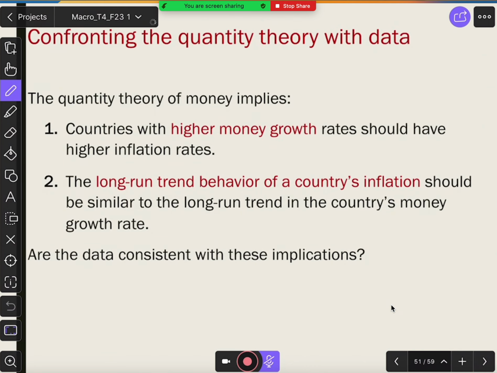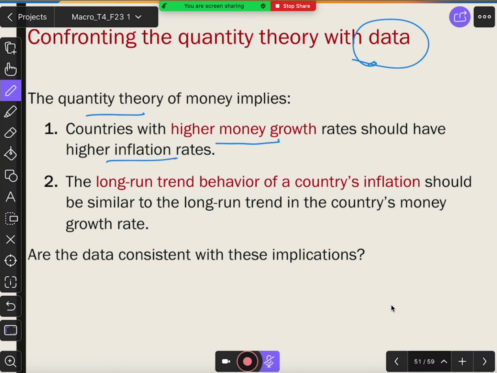When we look at the data, it's very important to always compare what the theory predicts versus what we see in real life. Do they match? The success of a theory depends on how we can apply it in real life. The main implication of the quantity theory of money is that countries with higher money growth should have higher inflation, right?